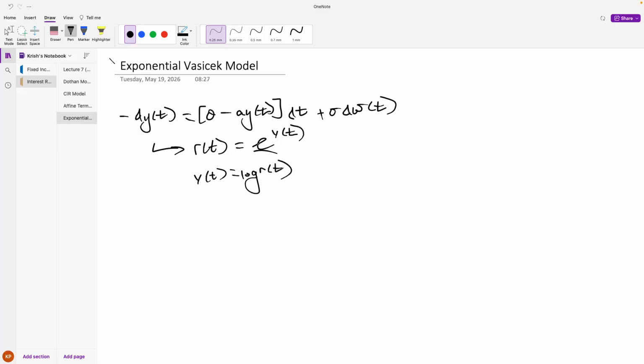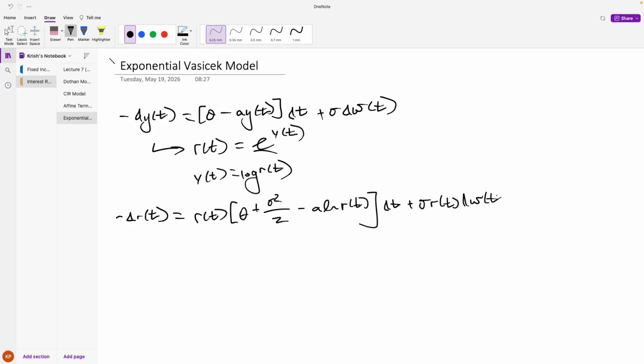So just to write it out more, we can see the actual RT dynamic. The main thing to take away here is that the good thing about this model is that its mean reversion improves.